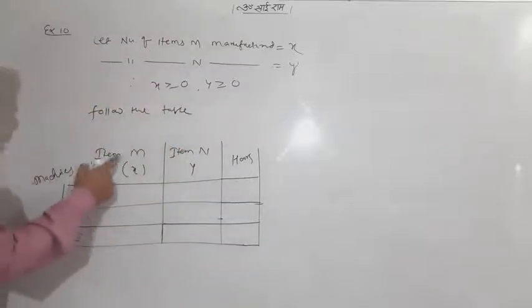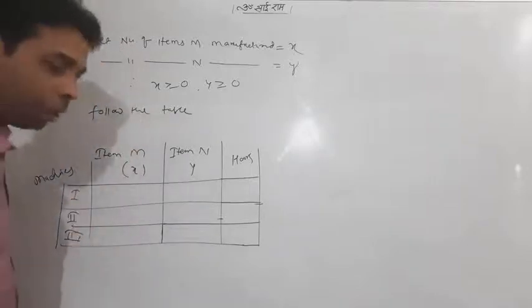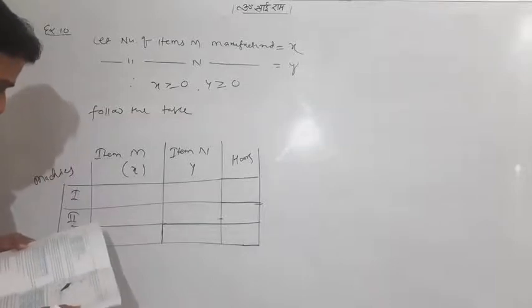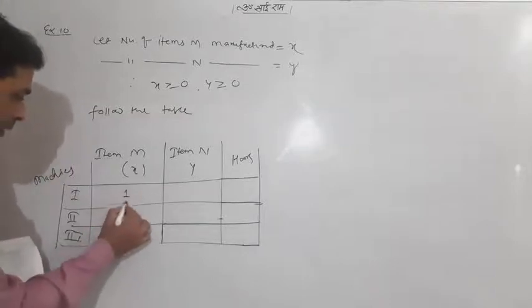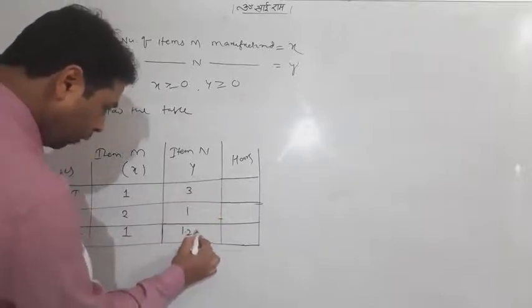Now can you read item M, number of item M, x, and available hours with the machines. For machine 1, for M it is 1, 2, 1, so I'll write 1, 2, 1. For N it is 3, 1, 1.25.